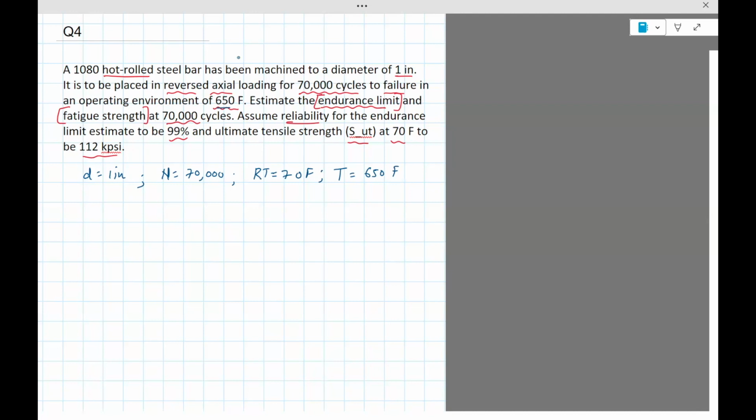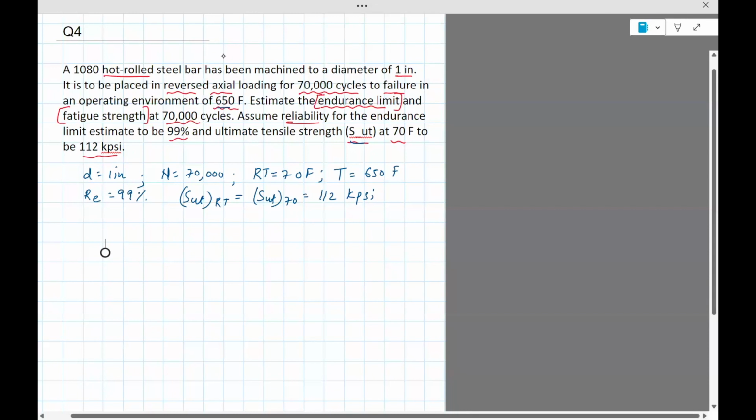We also know the reliability is 0.99. And we also know the ultimate strength at room temperature, at 70, is 112 kPsi.